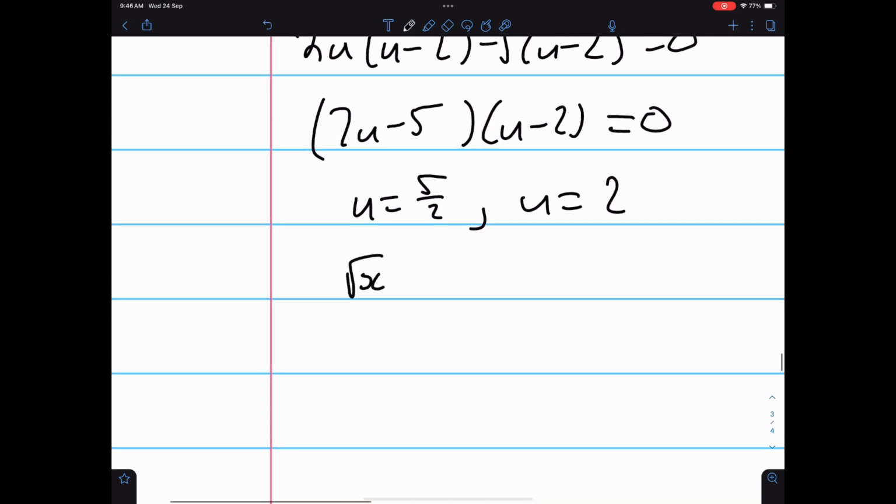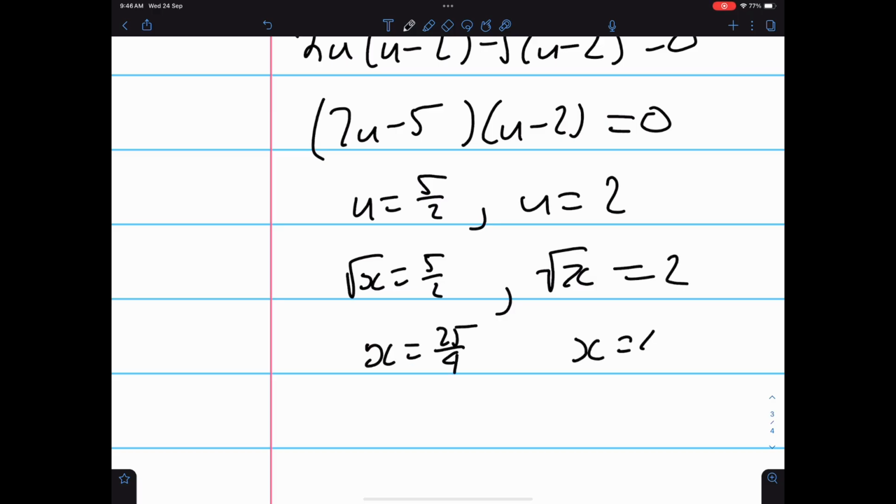And this means root x equals 5 over 2 or root x equals 2, meaning x will be 25 over 4 or x will equal 4.